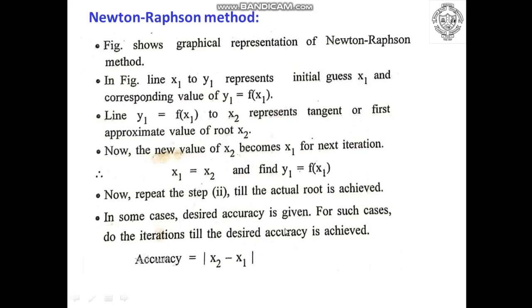In some cases desired accuracy will be asked. For those cases, you have to iterate till the desired accuracy is achieved. The accuracy can be checked as the absolute value of the subtraction between x2 and x1 for that particular iteration.